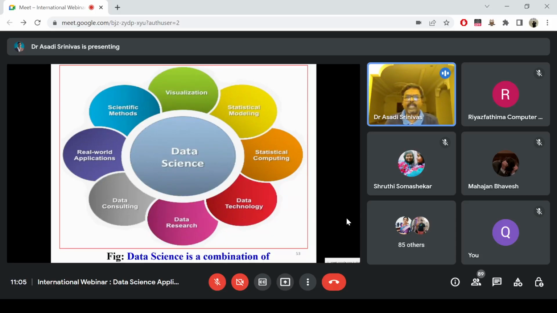That is called visualization. Statistical modeling like linear regression, nonlinear regression, logistic regression, statistical computing, and data technology, data research, data consulting, real world application, scientific methods.